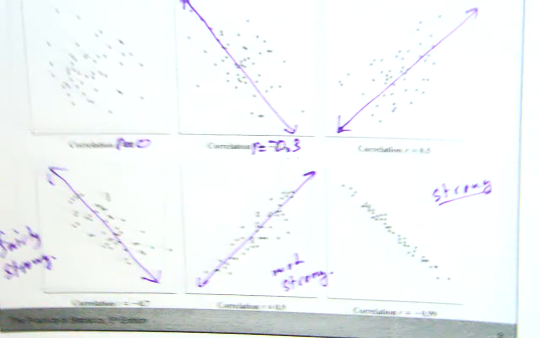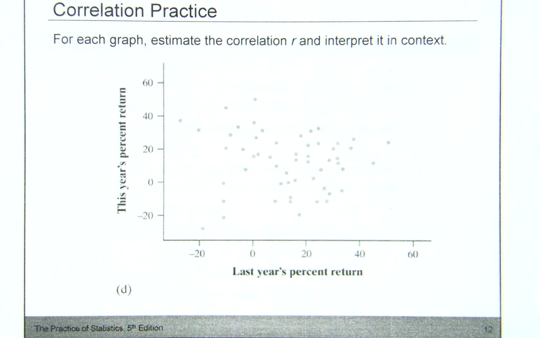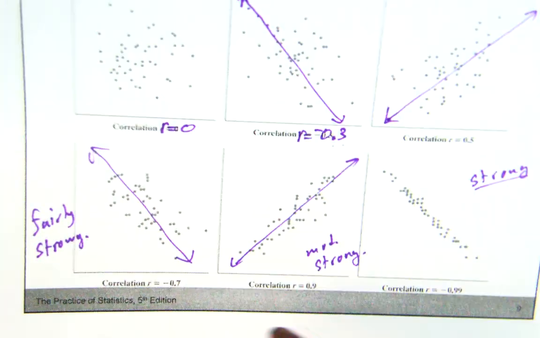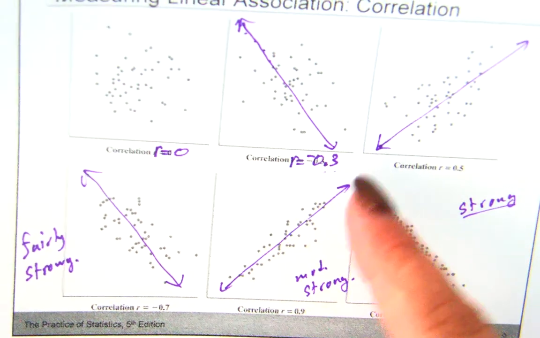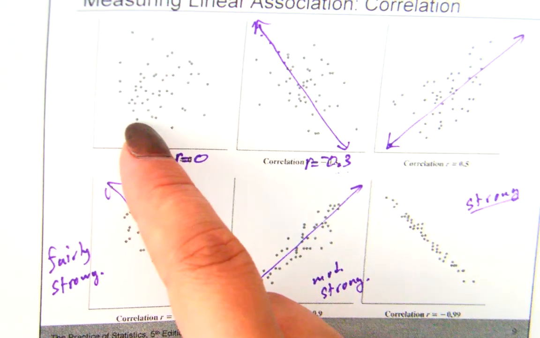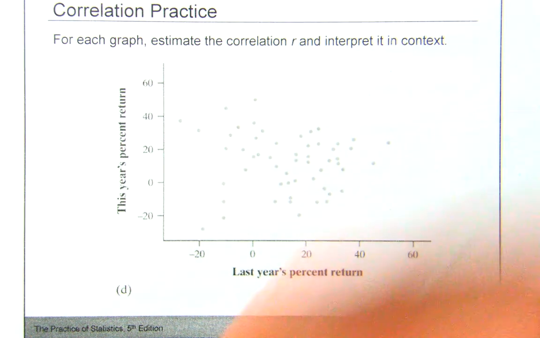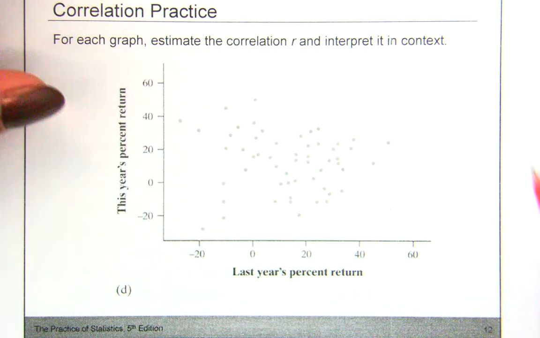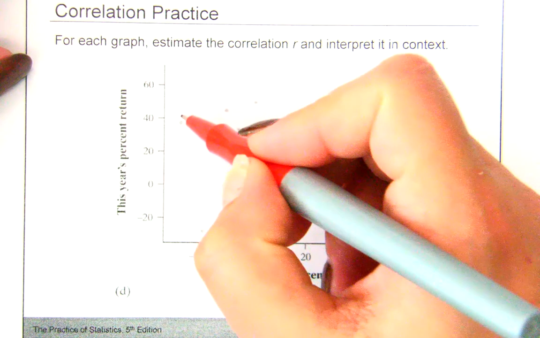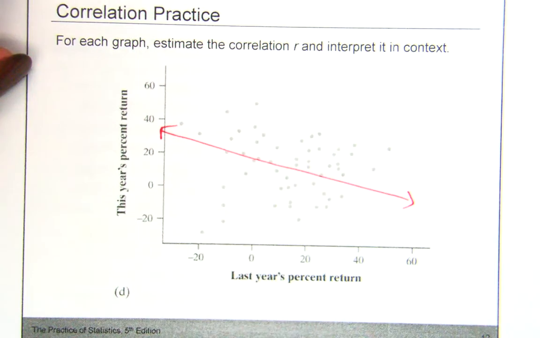I can't really see much of a linear pattern in either direction, either decreasing or increasing association. It really looks more like R equals 0, but I'm not super sure, so it would probably be closer to 0.